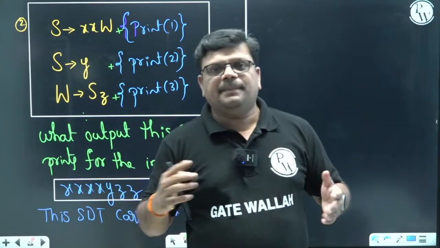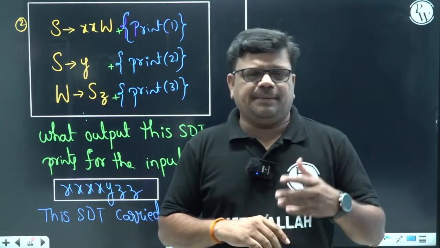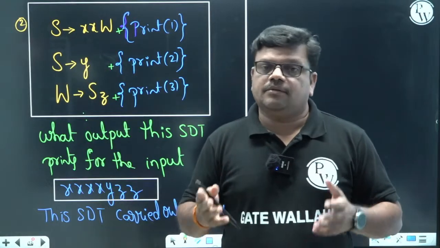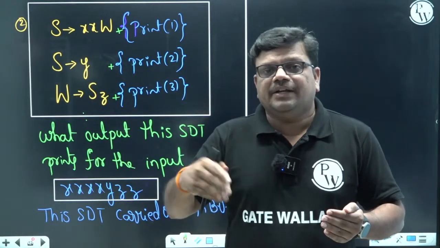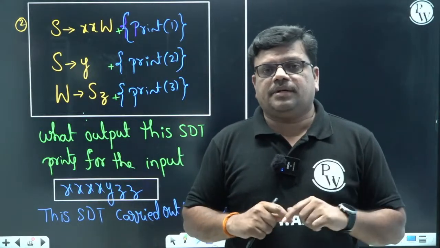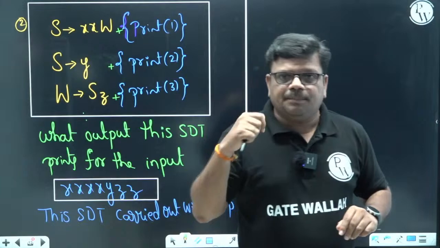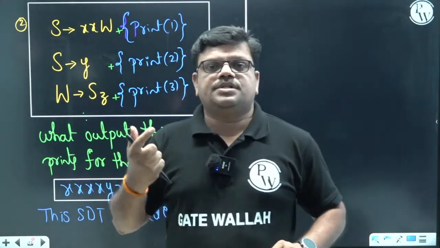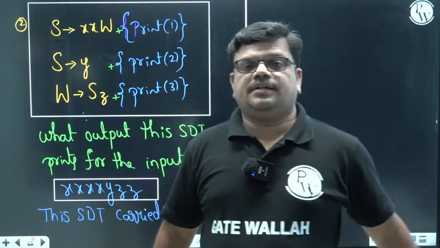So the parser is the main thing here. Whether it may be a top down parser or a bottom up parser, finally these SDTs run with a parser. If these SDTs are running with a parser, what is the output it will print? That is the question here.